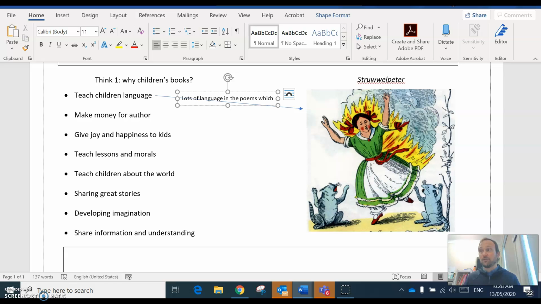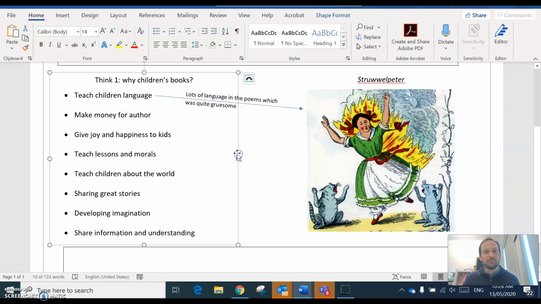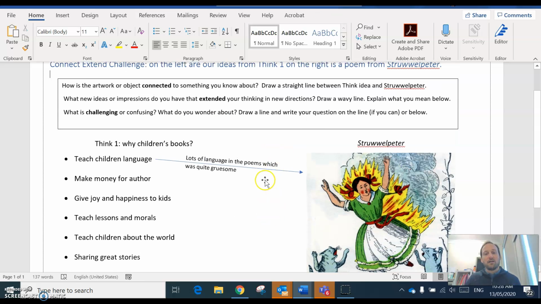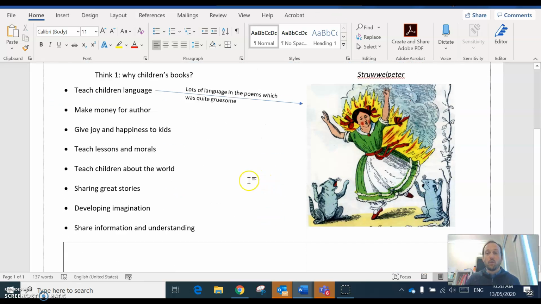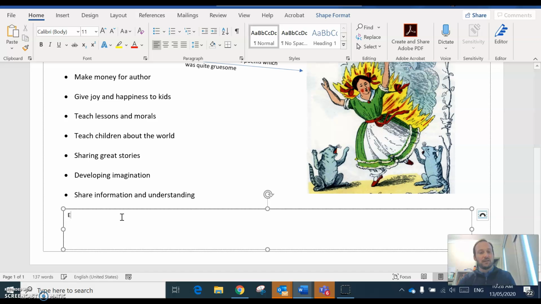So it's actually language which I wouldn't normally associate with kids that young wanting to read. You know what I mean? Gruesome. That's how you spell gruesome. Just stick it there. Happy day. And then you can just write it down here. Just write extend.